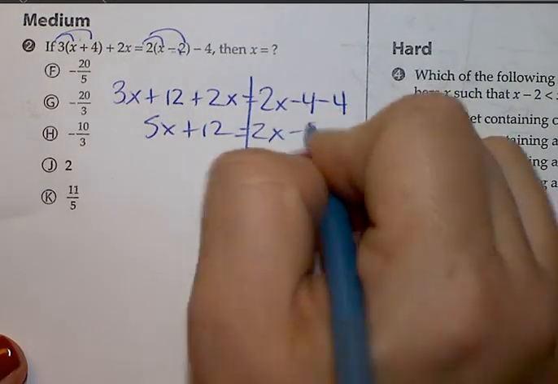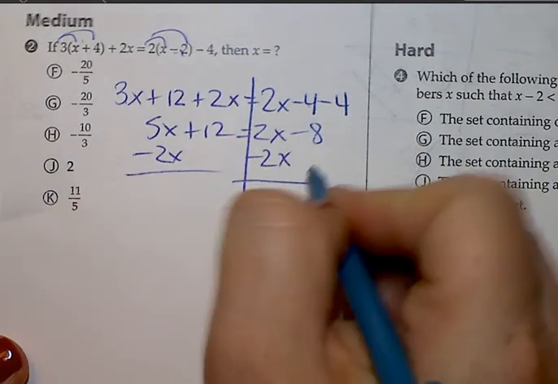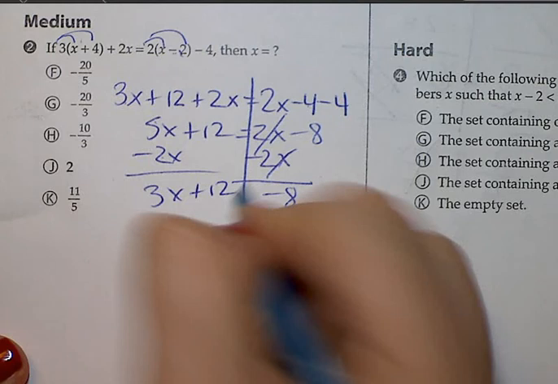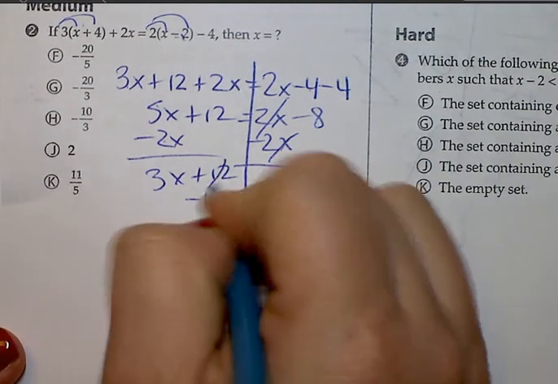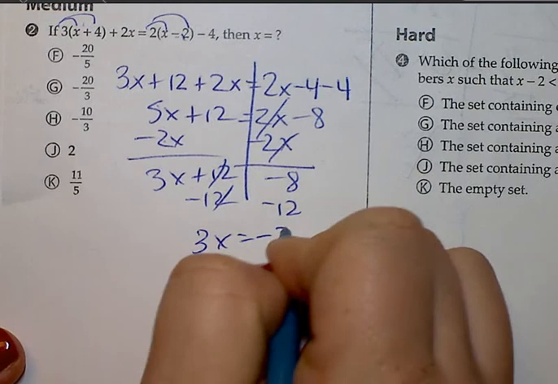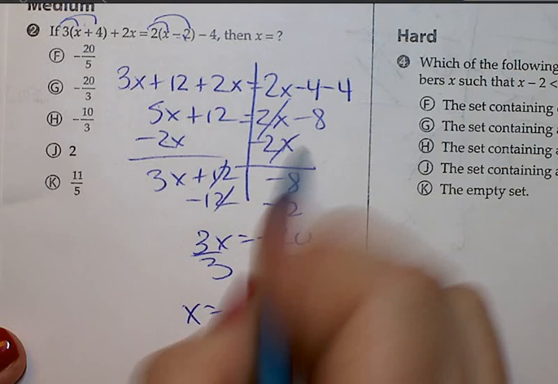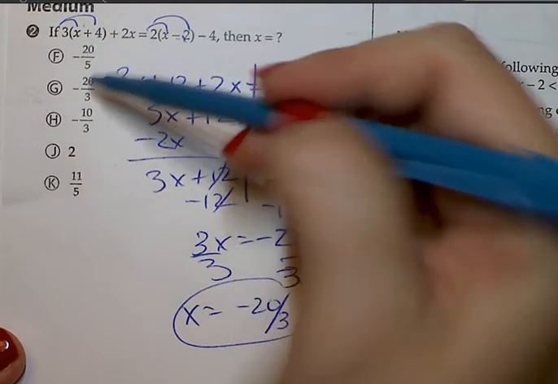Going to subtract the 2x over, so 2x's cancel. Combine like terms. Now I'm going to move this constant over to the right, so opposite of positive 12 is negative 12. And divide by 3. So remember, different signs gives you a negative answer. Is negative 20/3 one of them? It is.